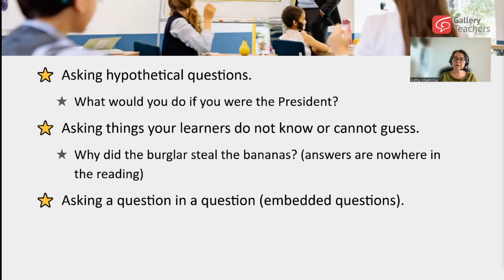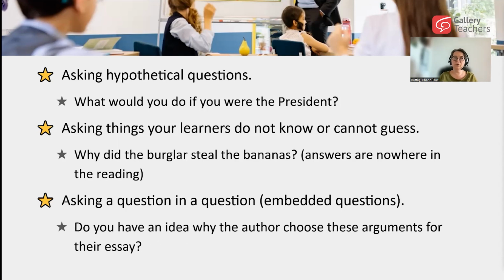Another pitfall is when you ask a question in a question. This is called an embedded question. For instance, do you have an idea? That's your first question. Why the author chose these arguments for their essay? That's your second question. Why did the author choose these arguments? Your first question was, do you have any idea?